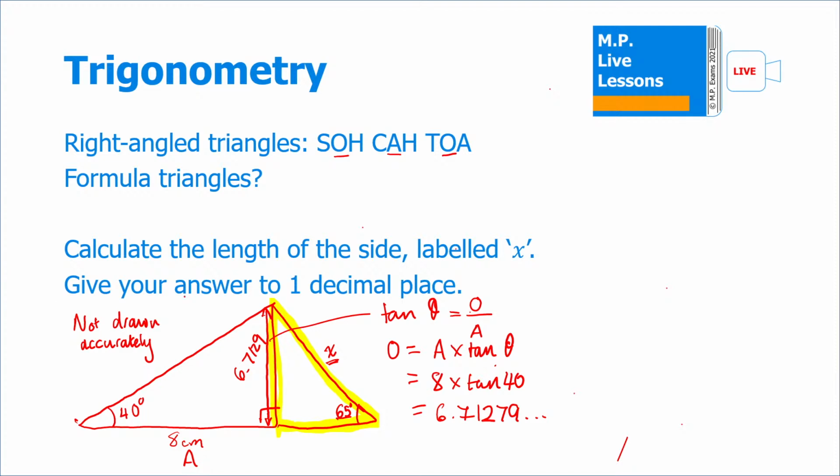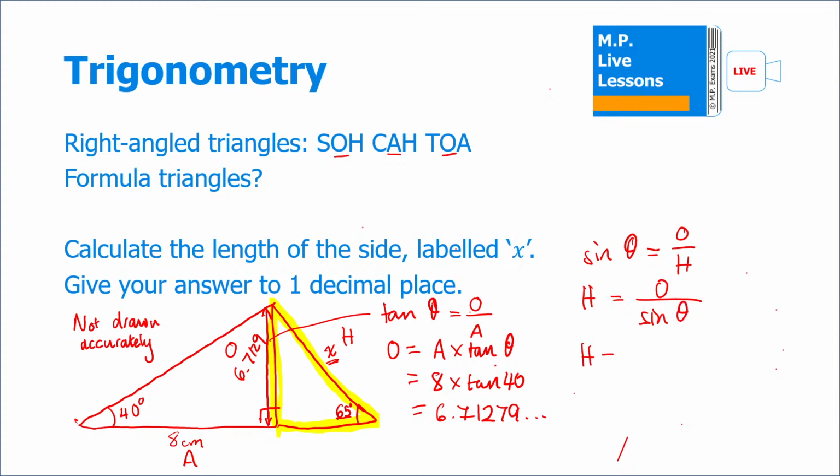So this side we figured out was the opposite. The side labeled x is the hypotenuse, and we've got the angle. So we need sine. So sine of the angle is equal to the opposite divided by the hypotenuse. We want to find the hypotenuse. So if you rearrange this, the hypotenuse is equal to O divided by the sine of the angle.